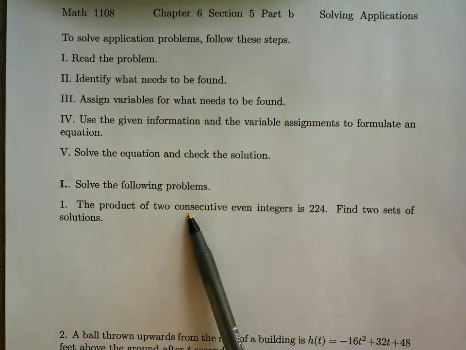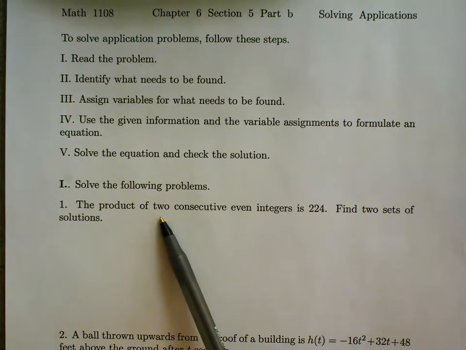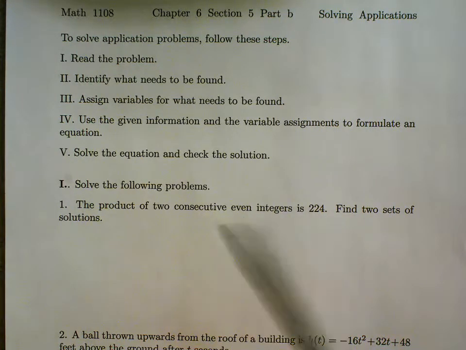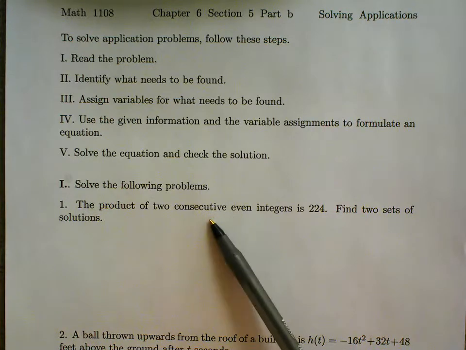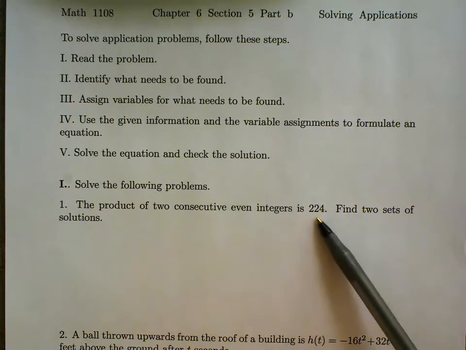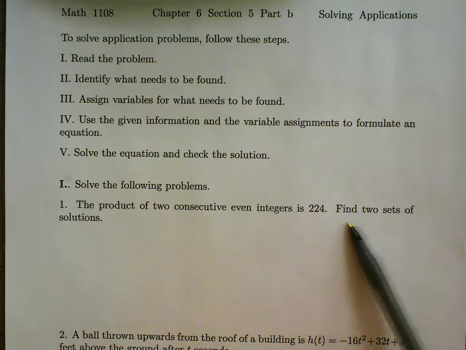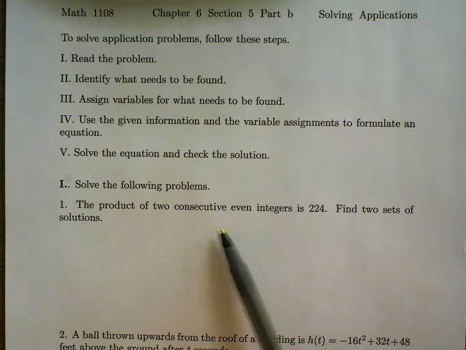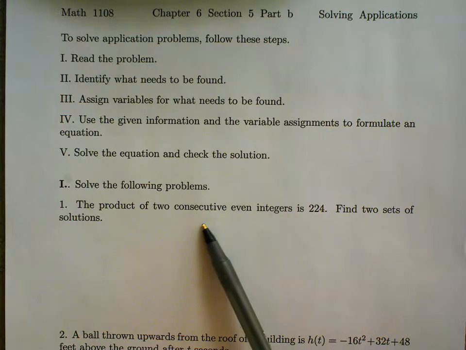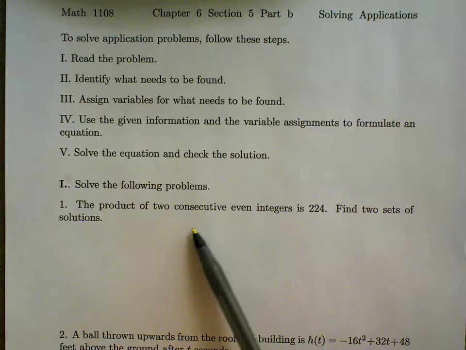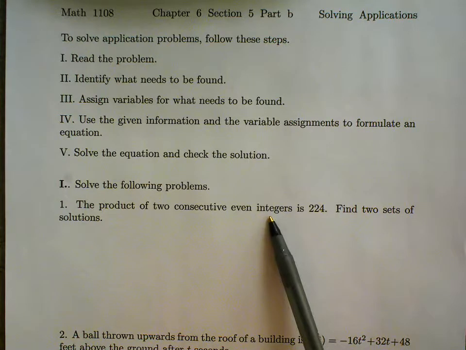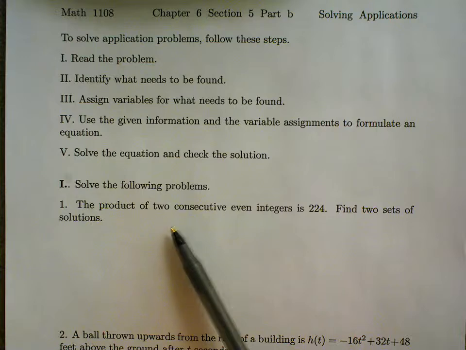And we want to multiply two consecutive even integers, and then the product will be 224. It says find two sets of solutions, so one set will be two consecutive even positive integers, and the other set will be two consecutive even negative integers.